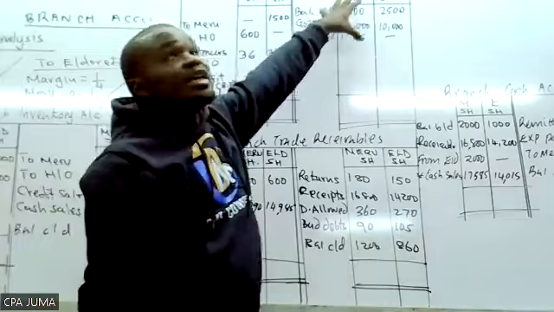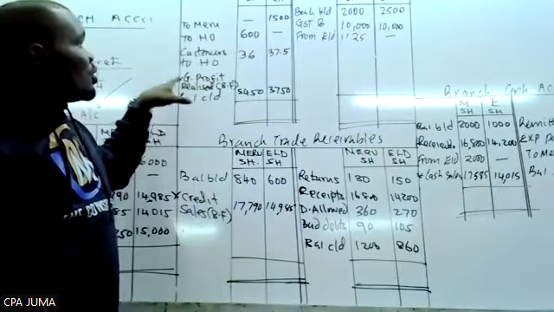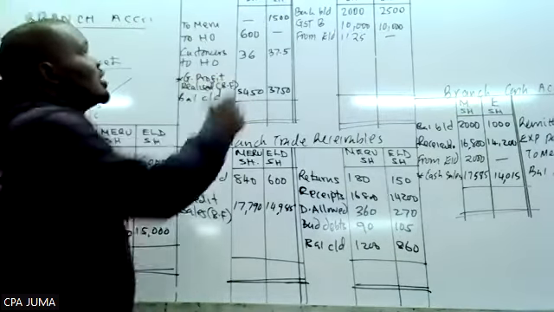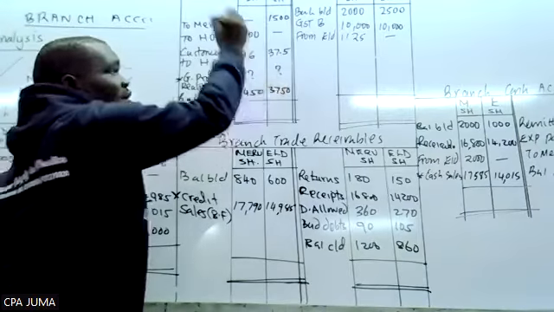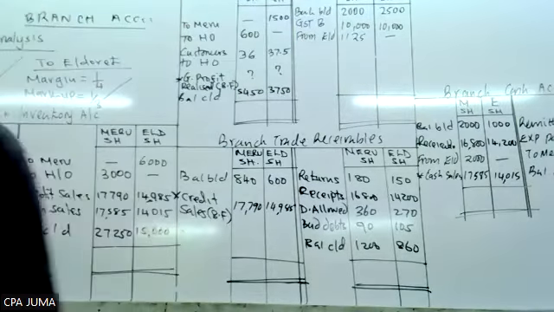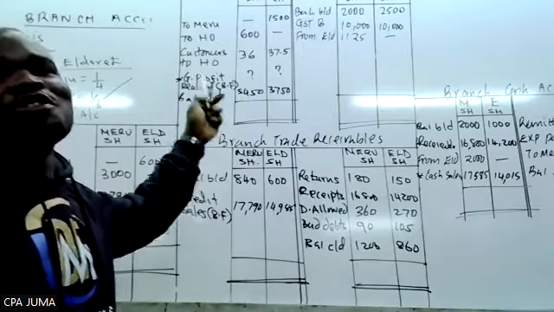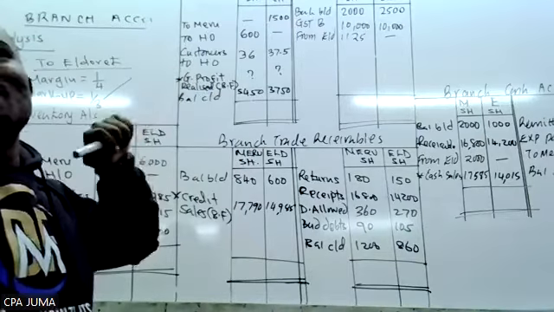You expected to realize this, but these ones have not been realized. So the difference is what you realized. So give me the balancing figure there. That is it. The balance carried down for this one.